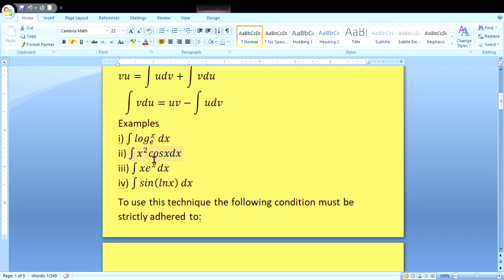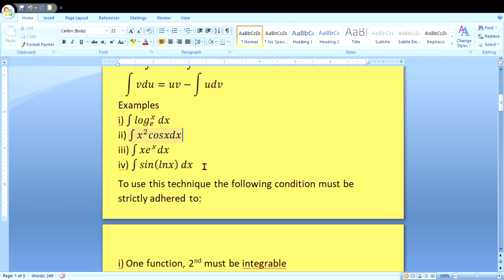You see that there are two functions entirely, and they are not related in any way. So the appropriate method is integration by parts. Number 3, we have the integral of x e to the x dx. Then number 4 is the integral of sin(x) dx.